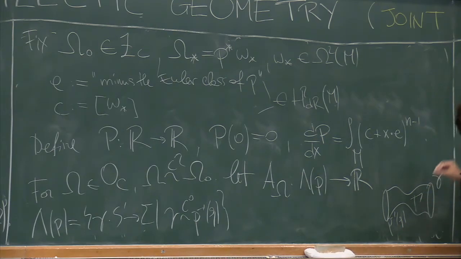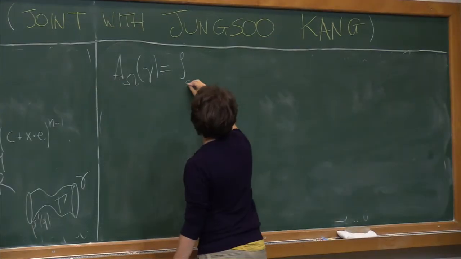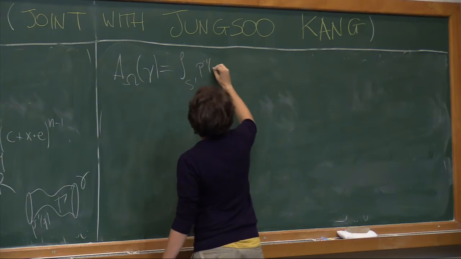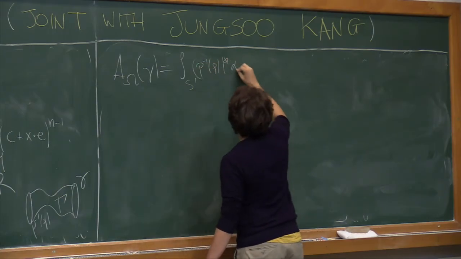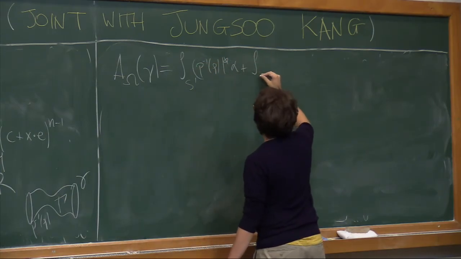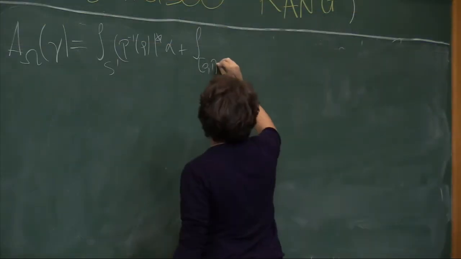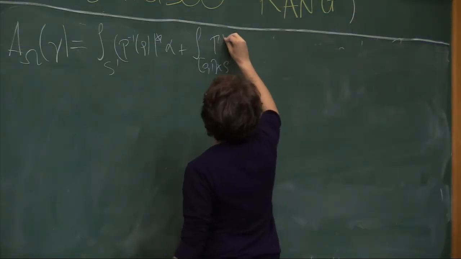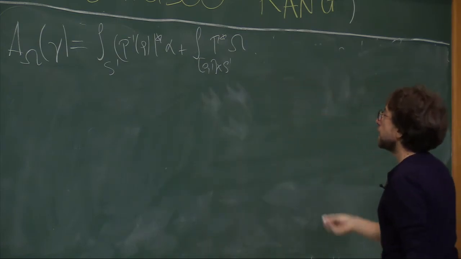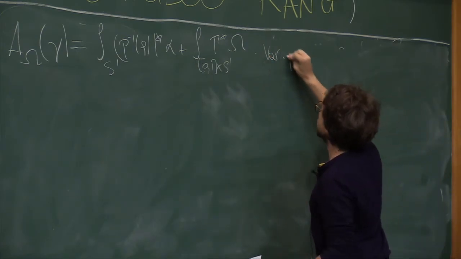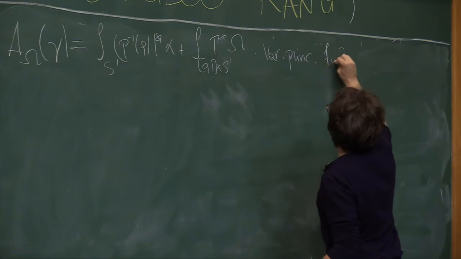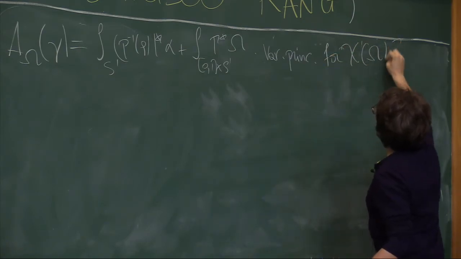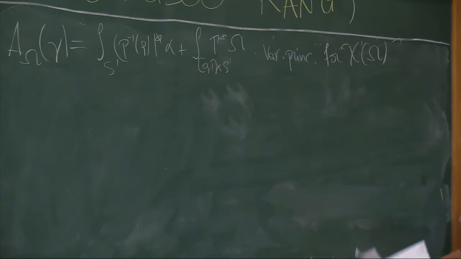And now how is A of gamma defined? This is the integral over S1 of P inverse of Q star of alpha plus the integral over [0,1] times S1 of big gamma star of omega. And this is also a variational principle for these closed characteristics.